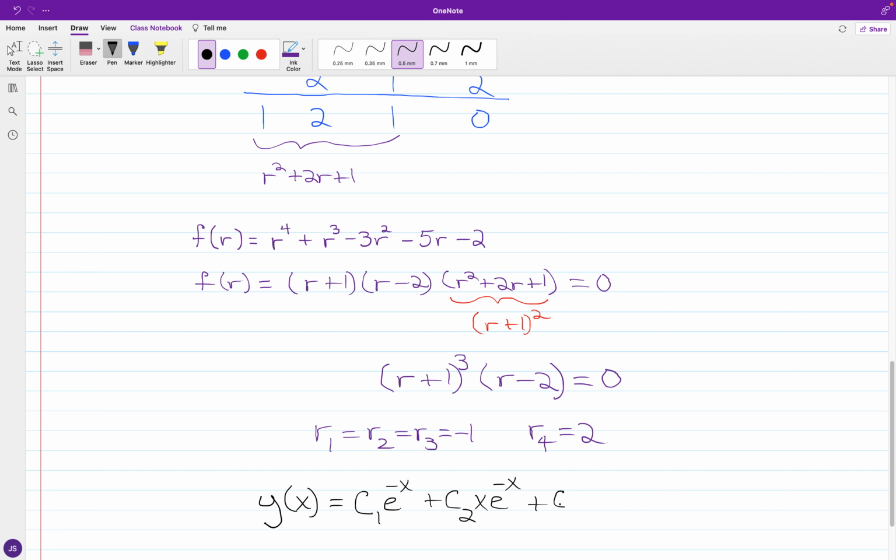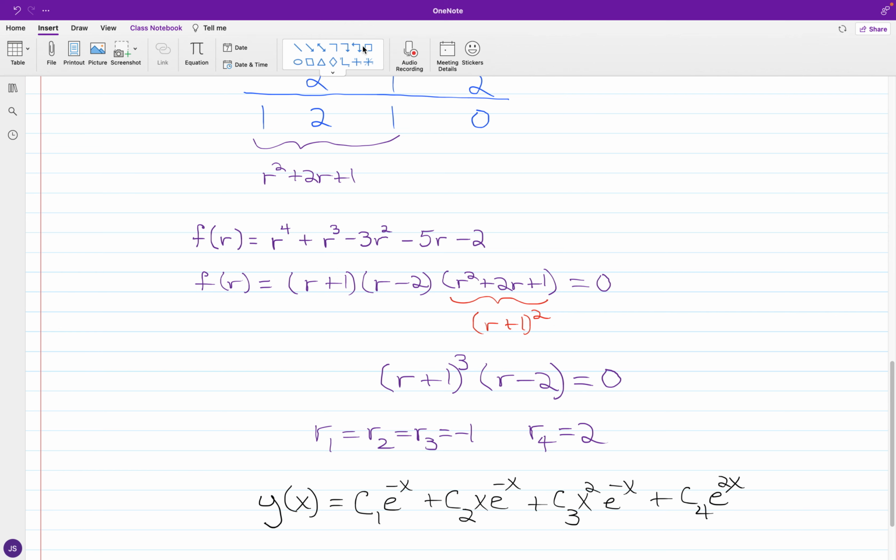And signifying the second repetition, we have c sub 3 times x squared times e to the -x. And then we have plus c sub 4 times e raised to the 2x. And that is going to be the general solution for that particular equation.